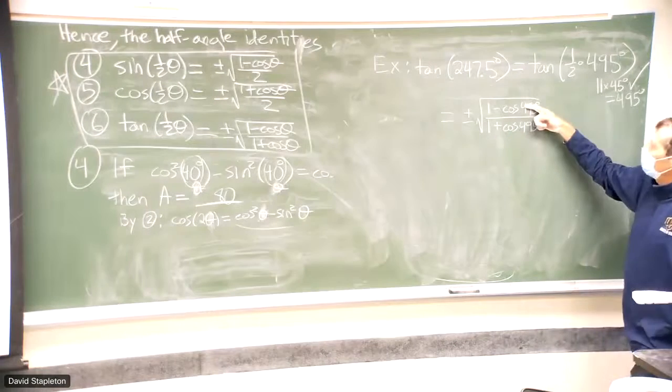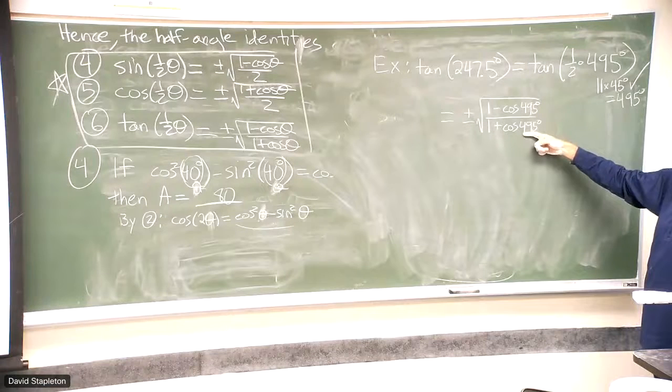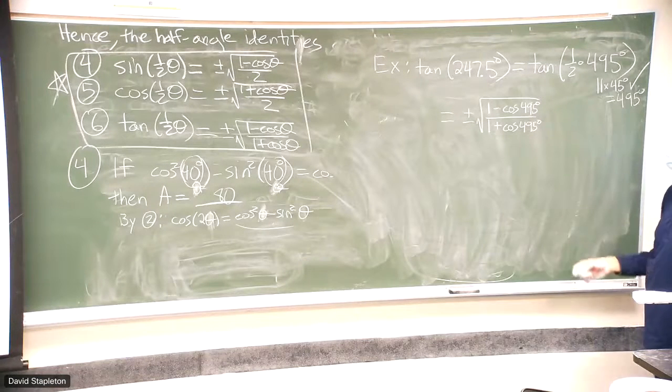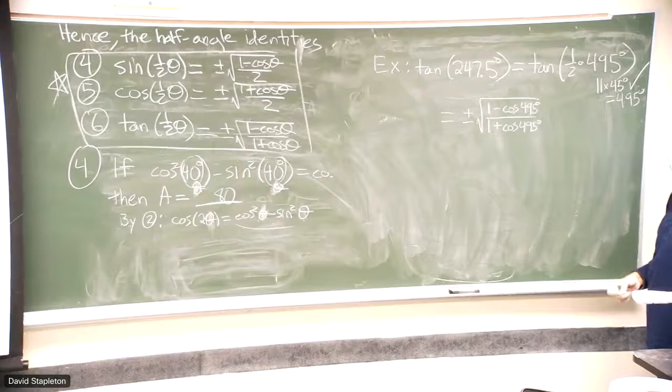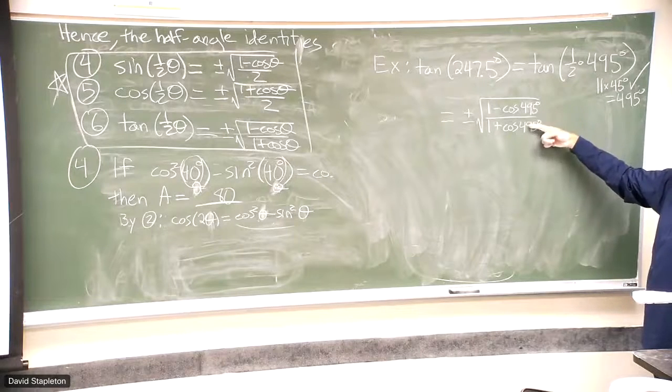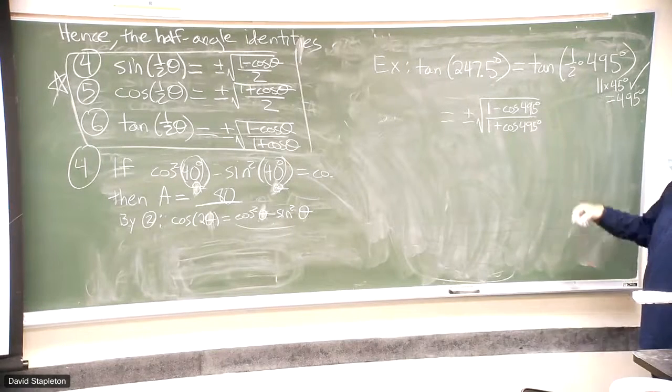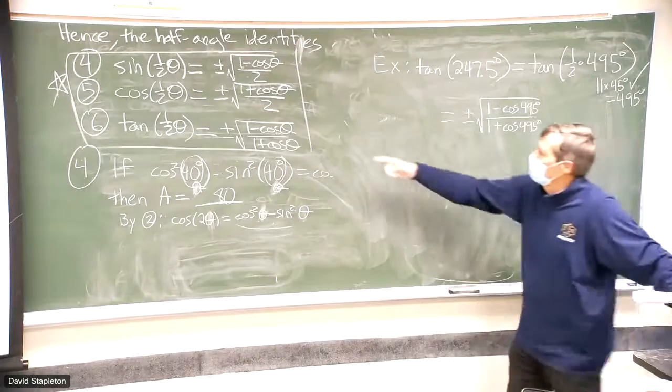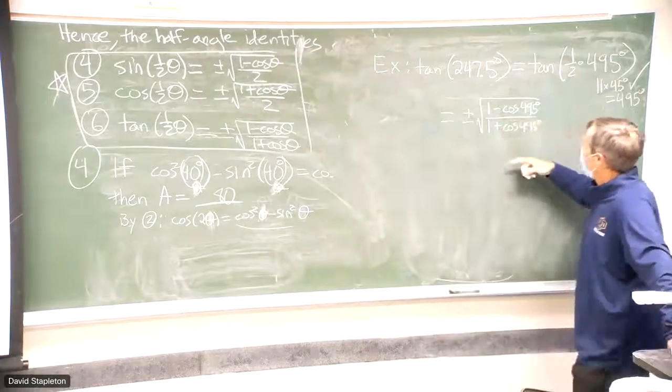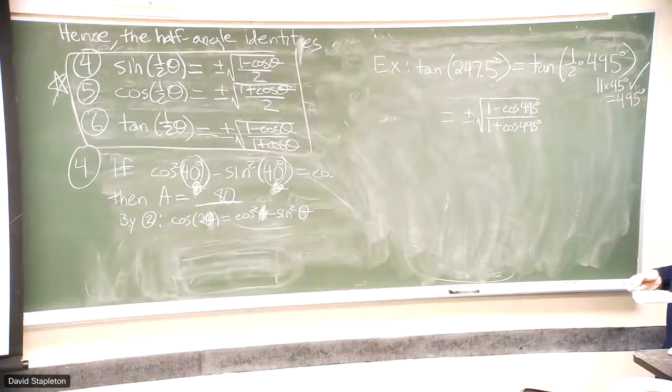The half angle for sine divided by a half angle for cosine with the 2's canceling. Right? There it is. So all I need is the cosine of 495 degrees. To do all these half angle identities, if you look at them here, 4, 5, and 6, all you need is the cosine of the whole angle. So that's all I need.